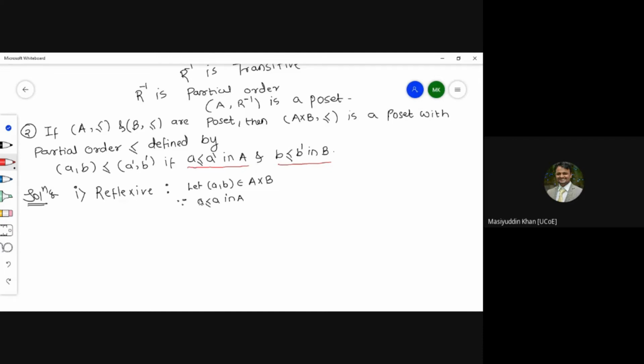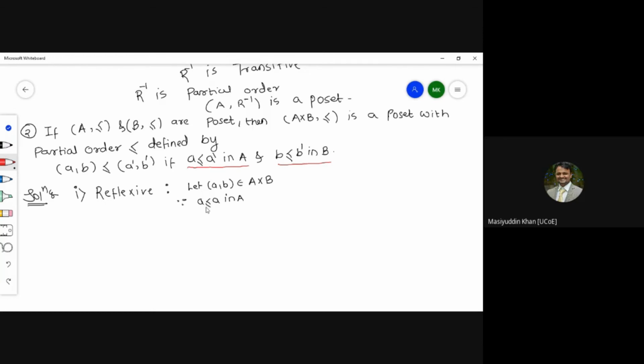So the first element by default belongs to set A, and the second element by default belongs to set B. According to that concept, we have to write a ≤ a, because we are proving reflexive. When we take a, its reflexive relation will be the same element.